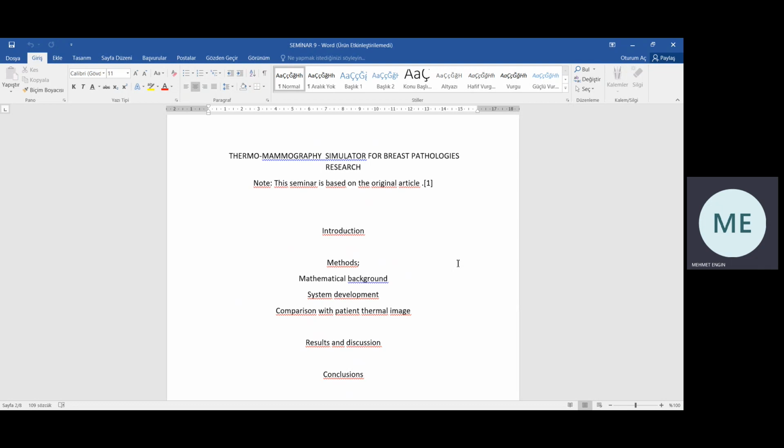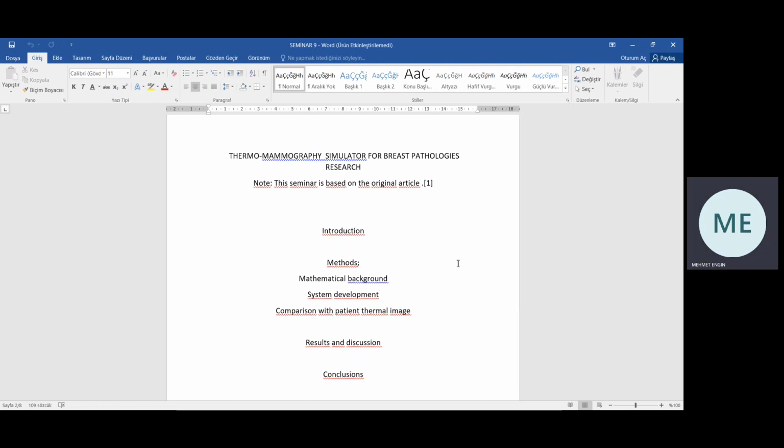The simulation was based on models involving two different tumor sizes of 1 and 2 centimeters in diameter, both with 5 centimeters of depth, and three different tumor metabolic rates, such as 29,000, 45,000, and 80,000 watts per cubic meter.